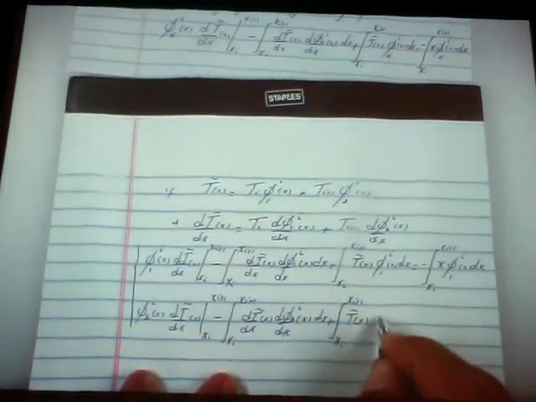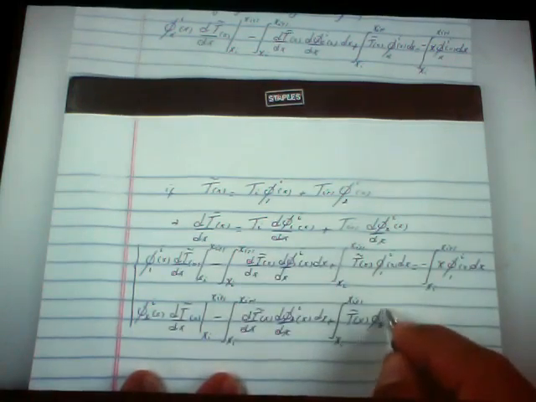See? So notice that the only difference between equation 1 and 2 is the index k.